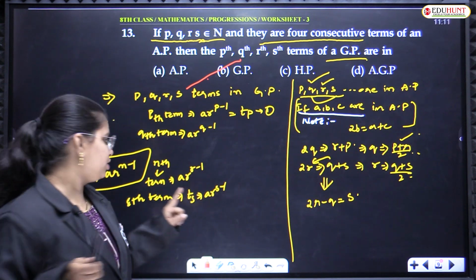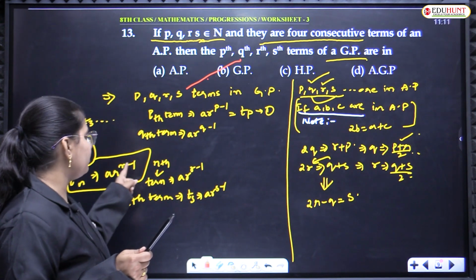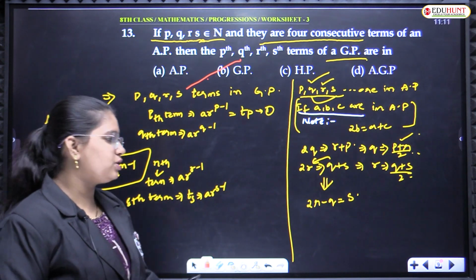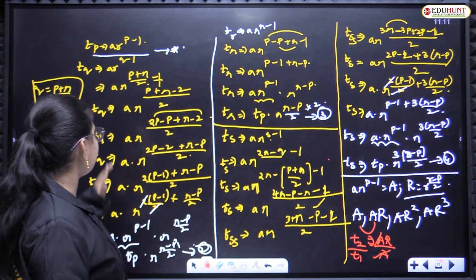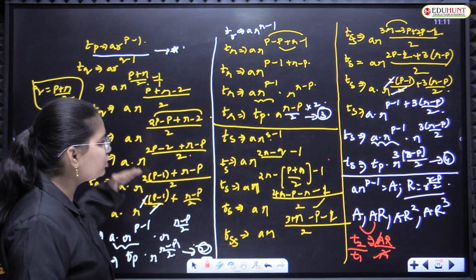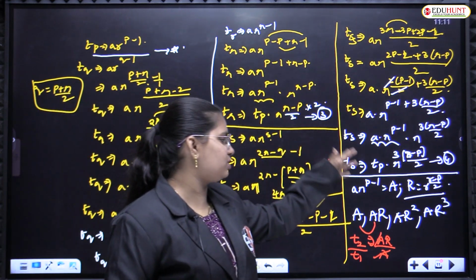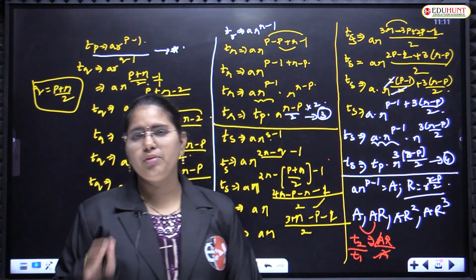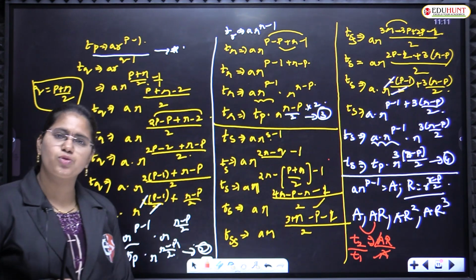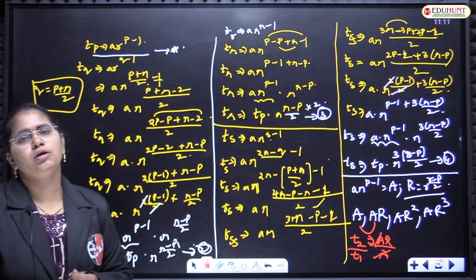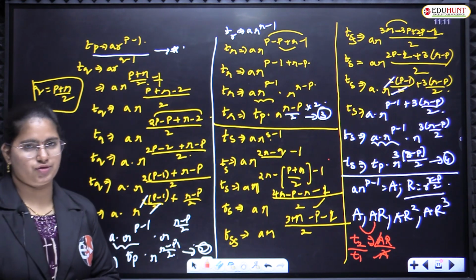Okay? Right. So, AR to the power of n minus 1. Similarly, I expressed all the 4 terms in a GP, and I have converted these 1, 2, 3, 4 terms into a GP. I hope everybody is clear. Kindly observe this problem for a couple of minutes so that we can get back to the next question. Right?